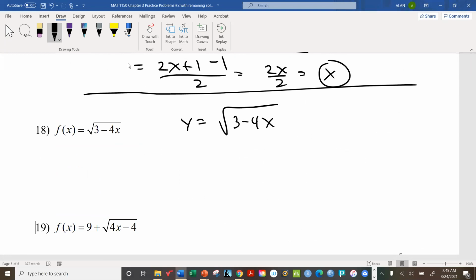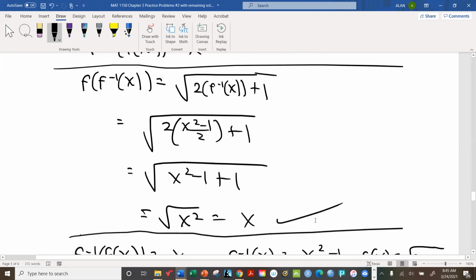Now, of course, what you're doing is reversing the roles of the y and the x. So, in other words, wait a minute, hold on.